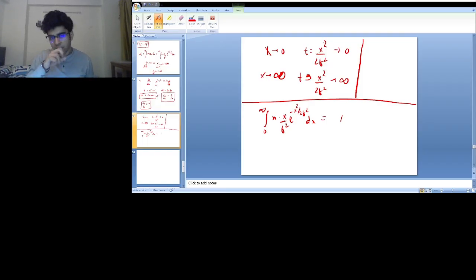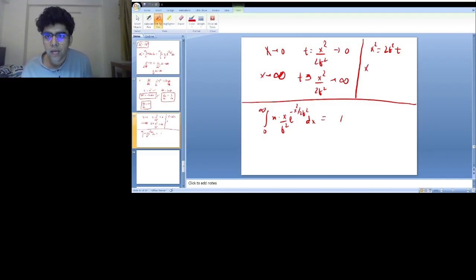So I need to find the value of x in terms of t, so that I can write the whole integral in terms of t. For finding x, x square is 2b square t. Earlier in the previous question we needed to find the value of x square, so I substituted this in the integral and found it by applying gamma.